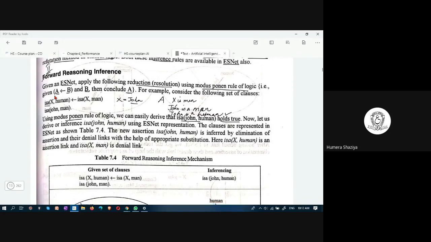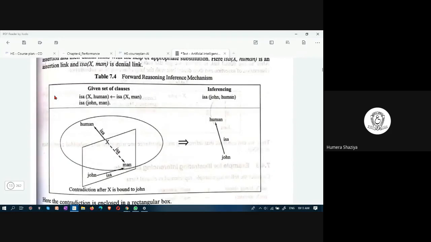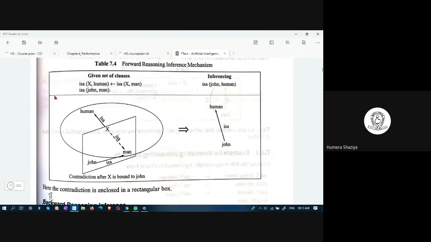How can this be done using ESNet representation? The set of clauses is represented in the form of an ESNet.